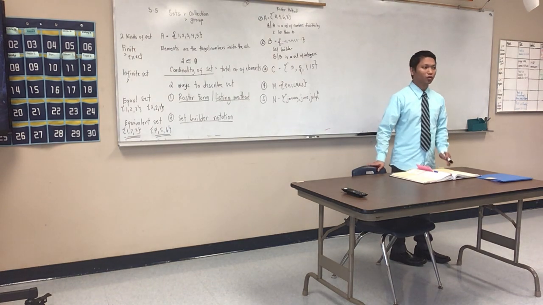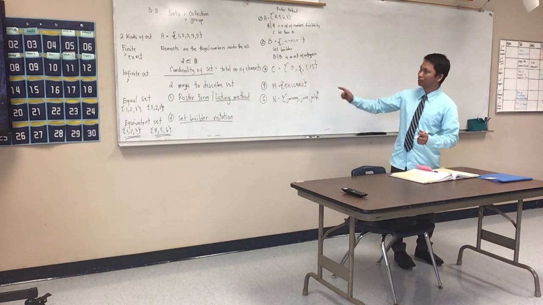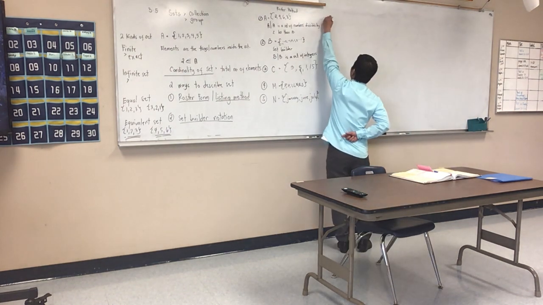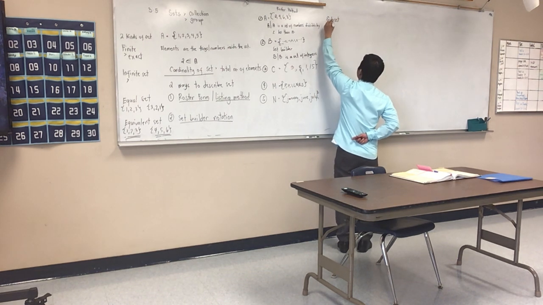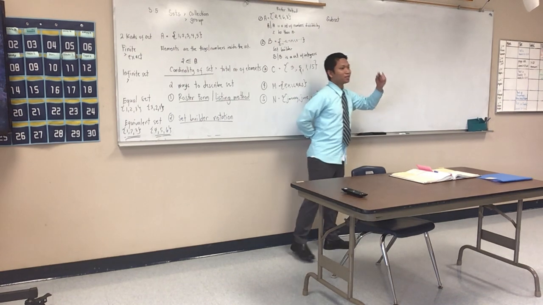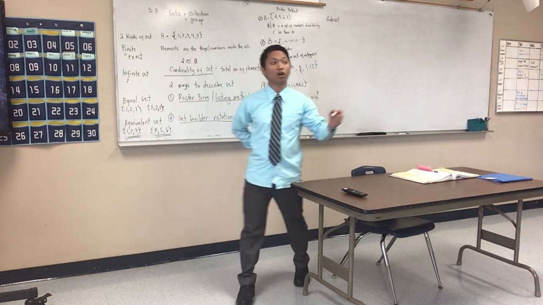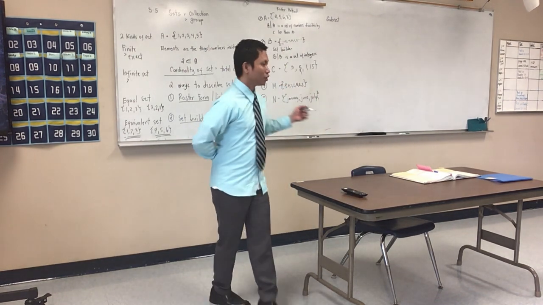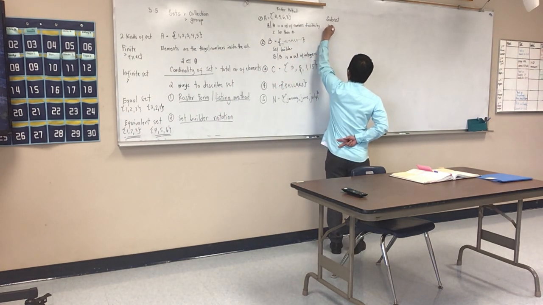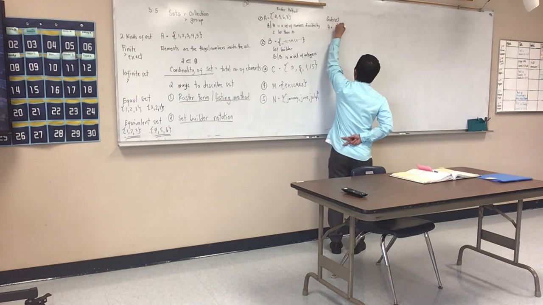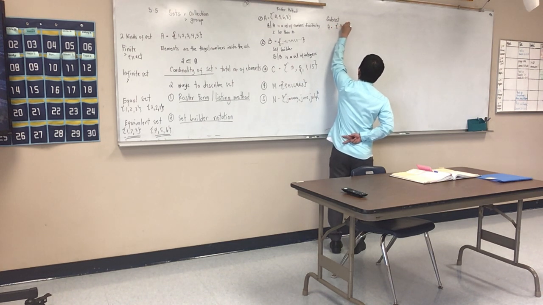Okay, so aside from sets, we also have what we call a subset. When we say subset, these are the elements that are part of the set. For example, we have set A. The elements of set A are 3 and 4.